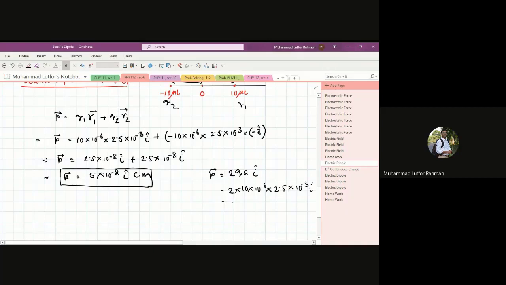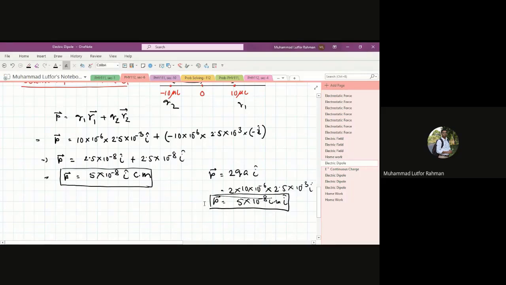If you do that, it will also be 5 into 10 to the minus 8 coulomb meter I hat. So that should be the electric dipole moment with respect to the origin O.